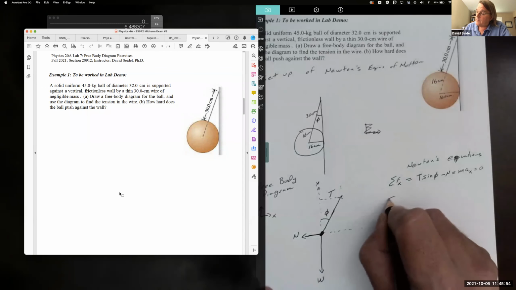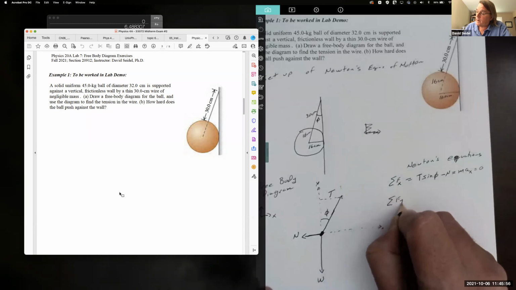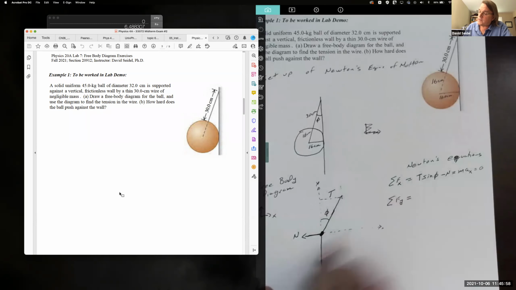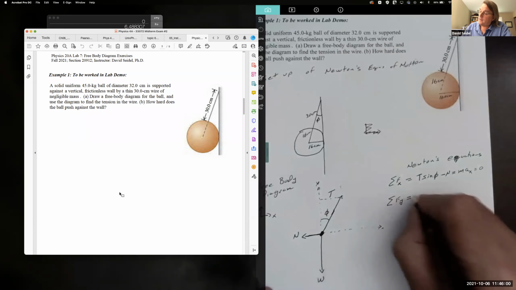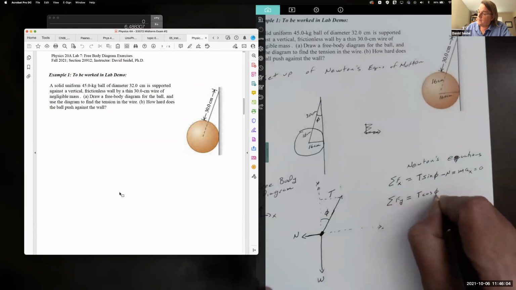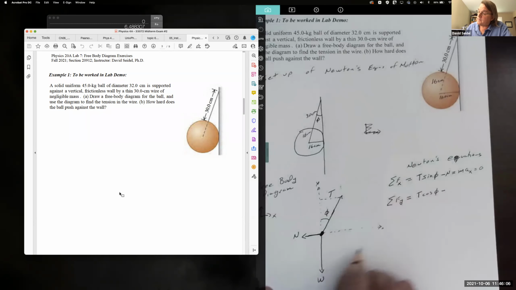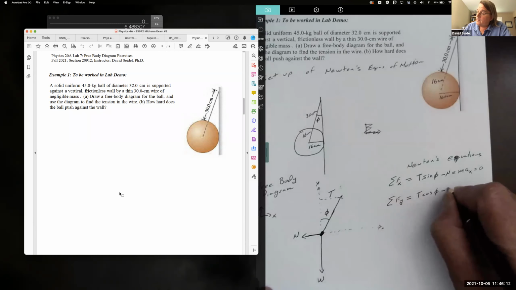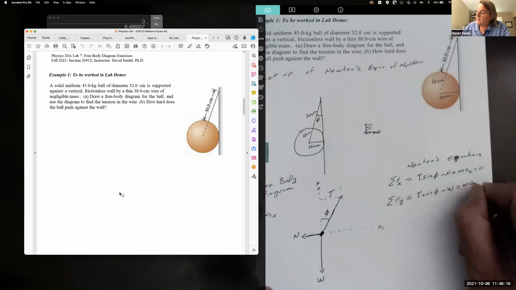And my sum of my forces in the y direction is going to be T cosine phi minus, well, I can put W or I can put mg, whatever you prefer. We'll put W is equal to MA sub Y, which is equal to 0.